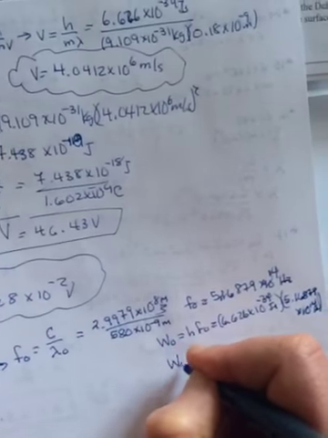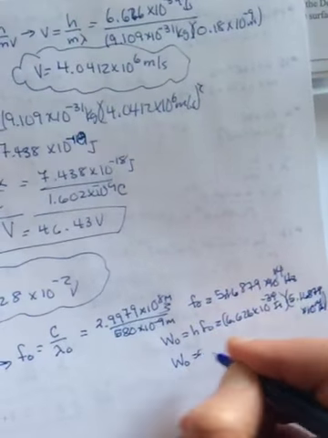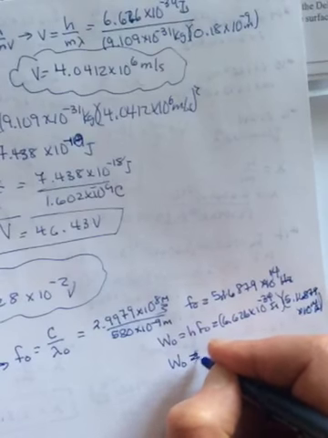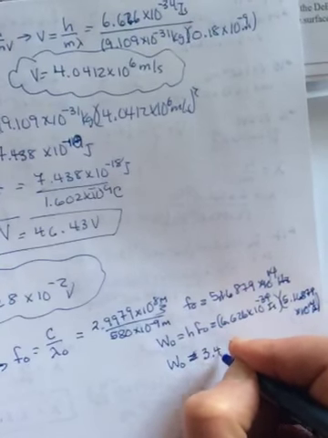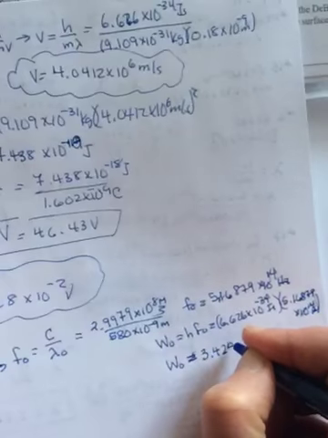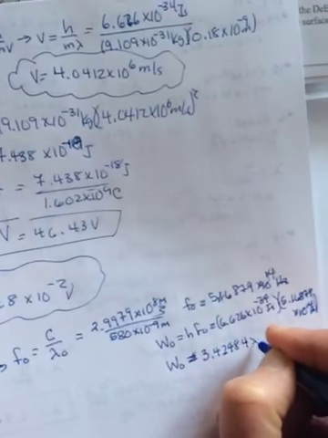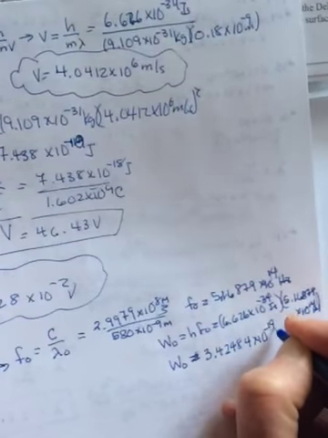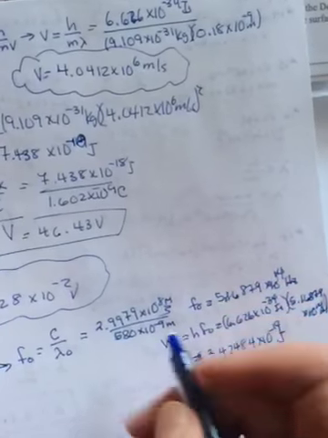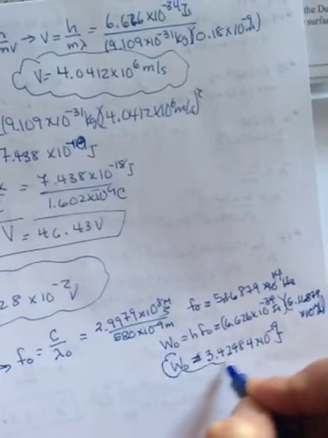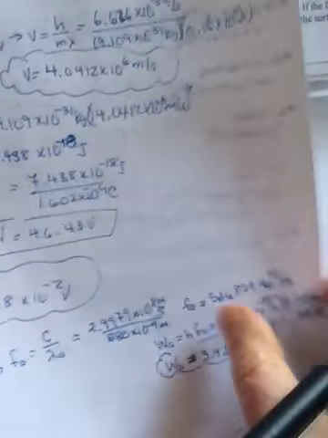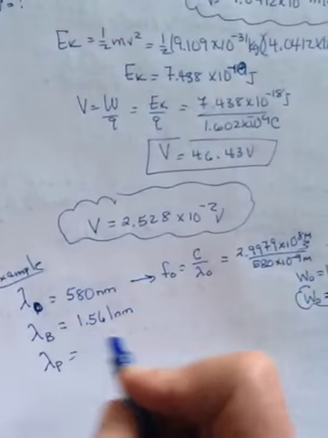And so our W O becomes 3.42484 times 10 to the negative 19. That's our W O that we're going to use. Now we go to the de Broglie wavelength.